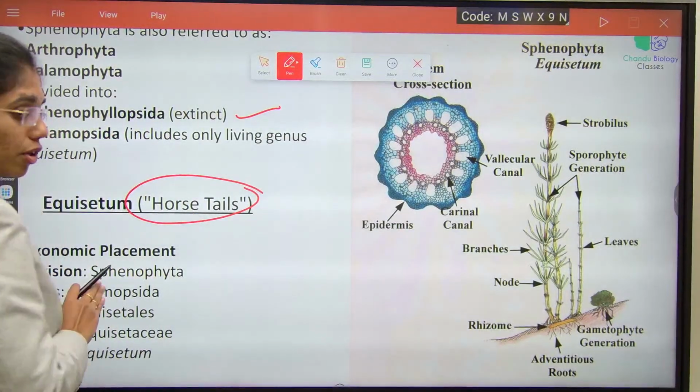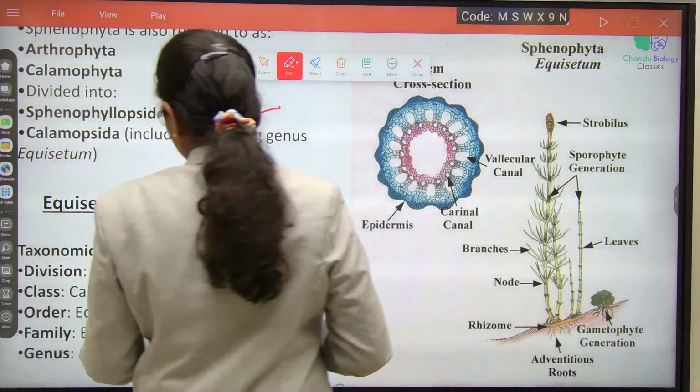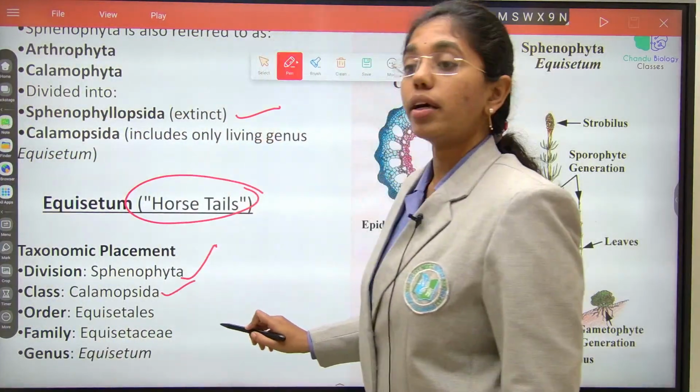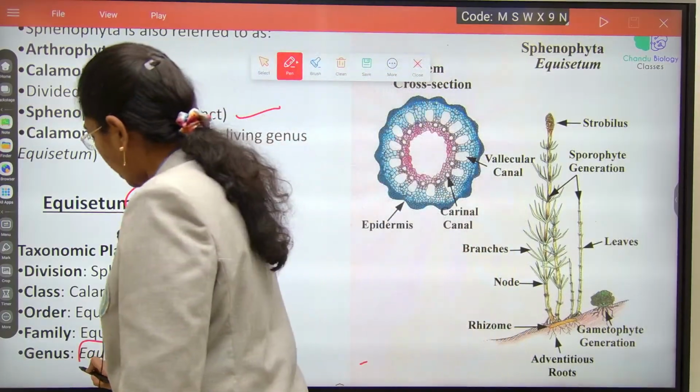So here if you see the taxonomic position: division Sphenophyta, class Calamopsida, order Equisetales, family Equisetaceae and genus Equisetum.